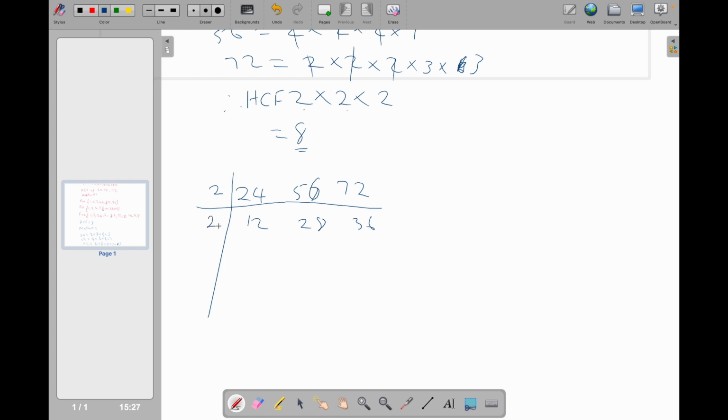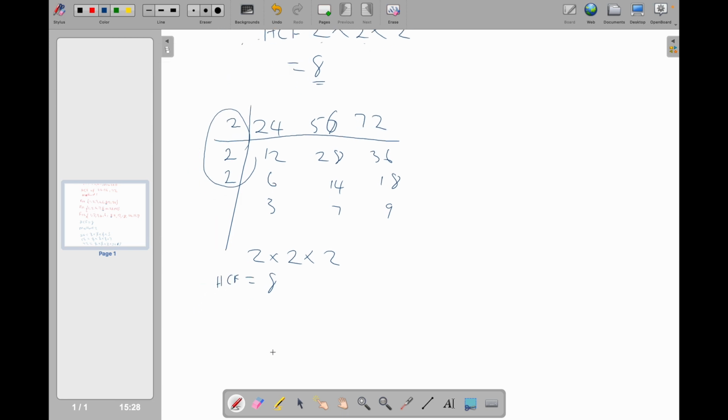Then we get 2, because we can also divide all of them by 2, and here we get 6, here we get 14, and here we get 18. And then we divide them by 2 again. Now here we get 3, here we get 7, and here we get 9. We cannot divide by 2. Can we divide by 3? No. Oh, we cannot divide this further. So now we take this 2 by 2 by 2, which gives us 8. So the highest common factor is 8.